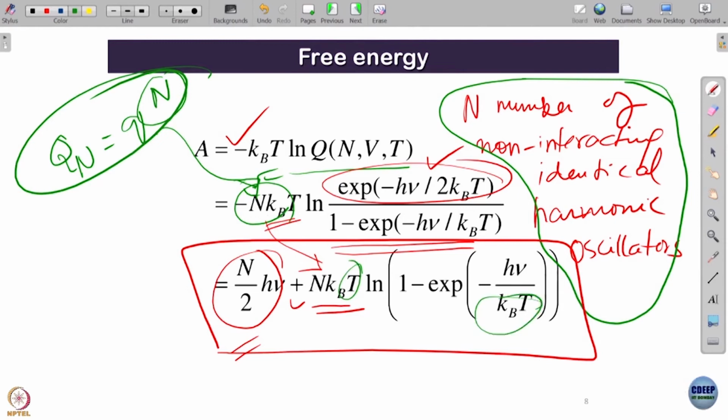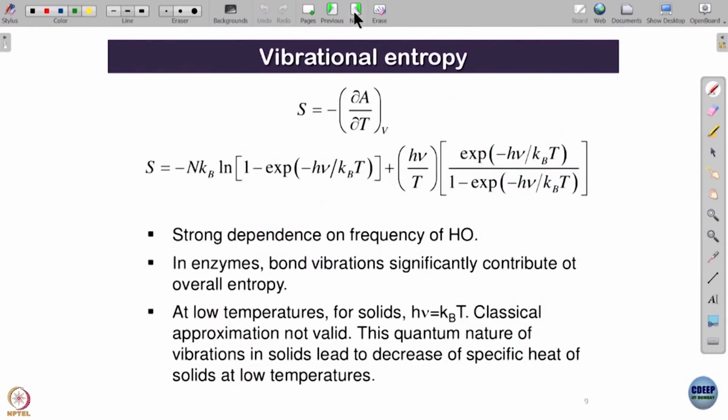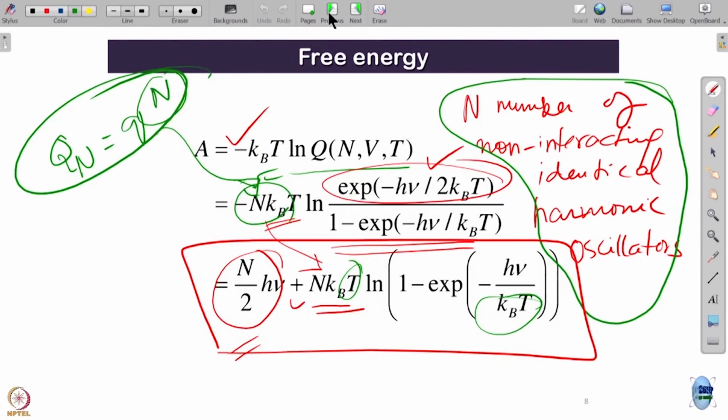When I take the derivative I get two terms, and they are shown here. One term is just this term, I take the derivative with respect to temperature, this disappears and I just get this term. The other term n kBT will remain, I go and take the derivative with respect to that.